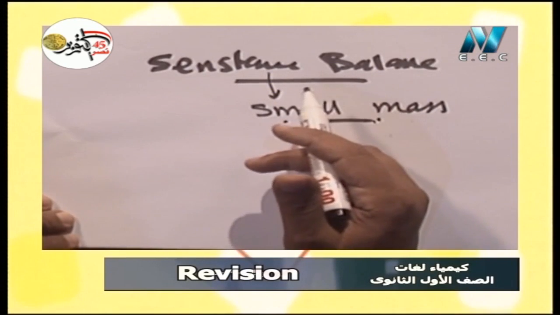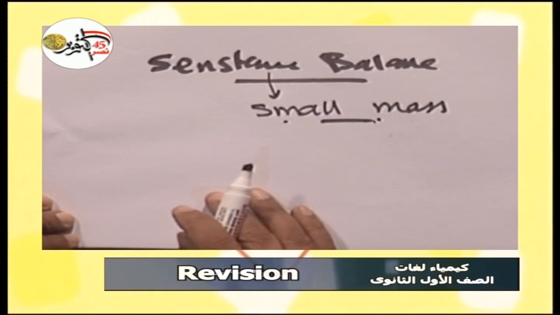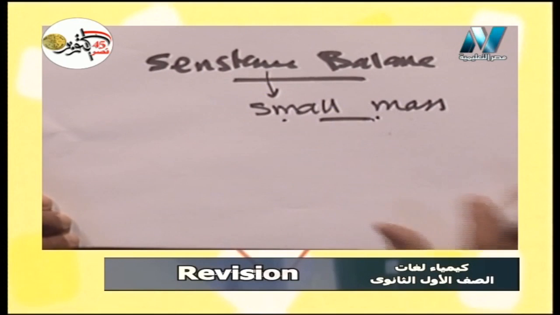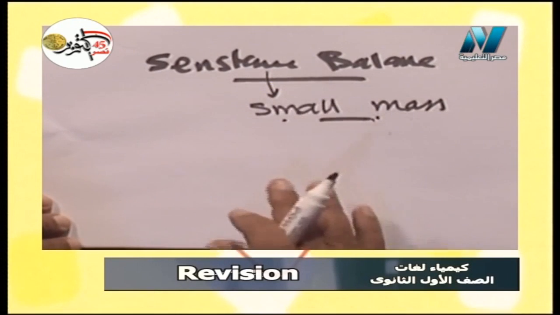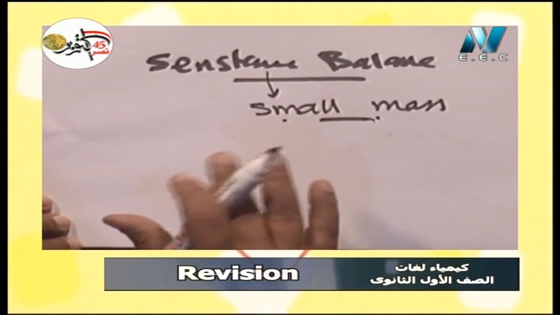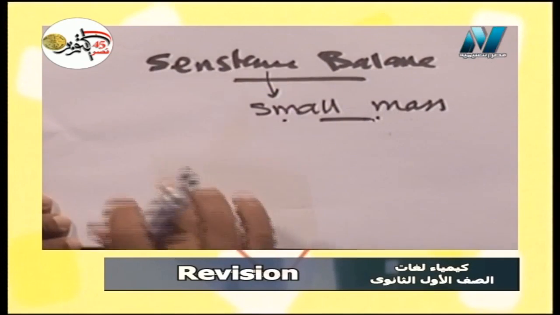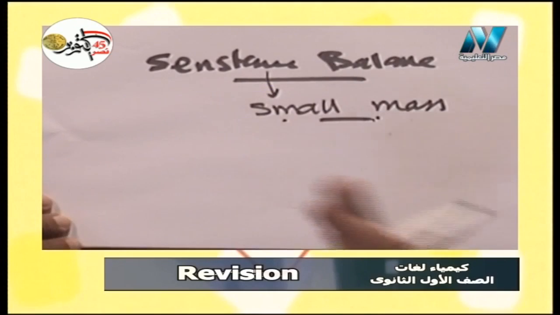This is the first tool in our lab, and we should know that there are many types of sensitive balance. We are concerned with the top-loading balance, the balance that is loaded from the top, such as the balance where you buy gold.